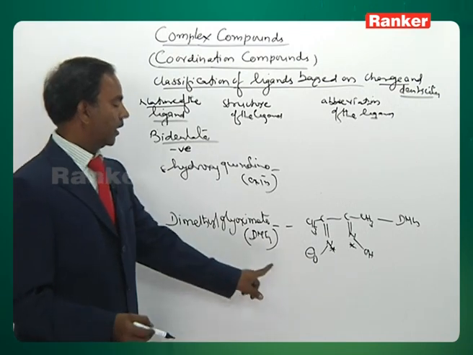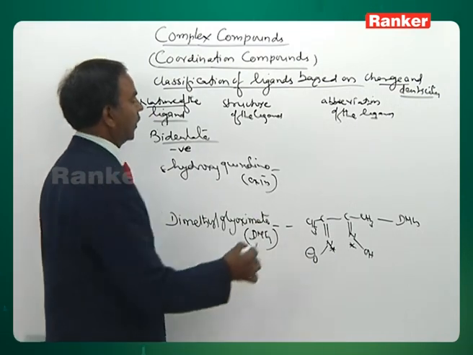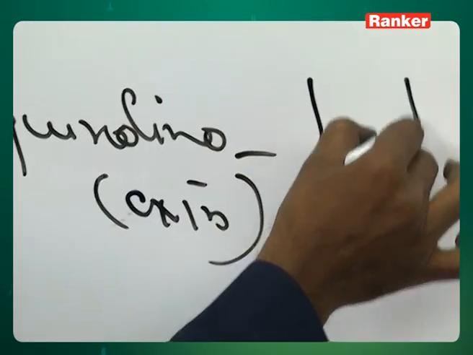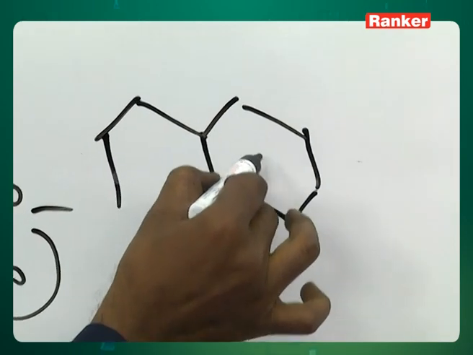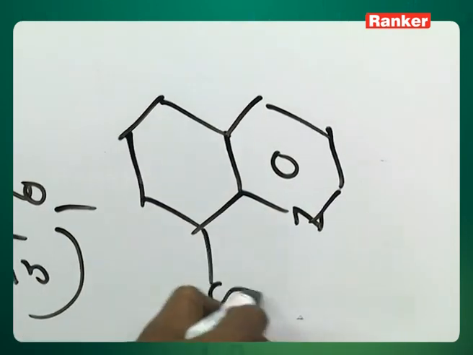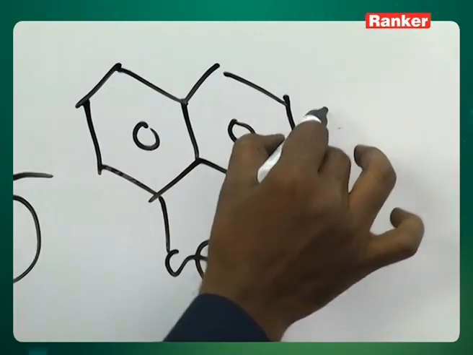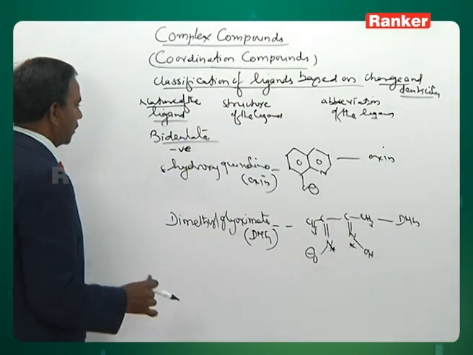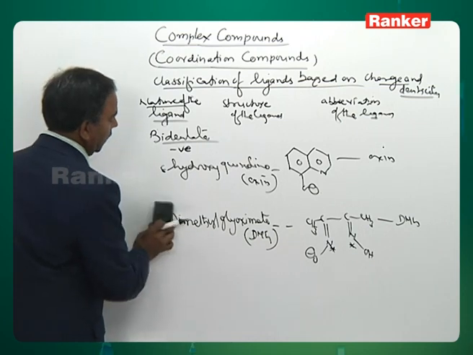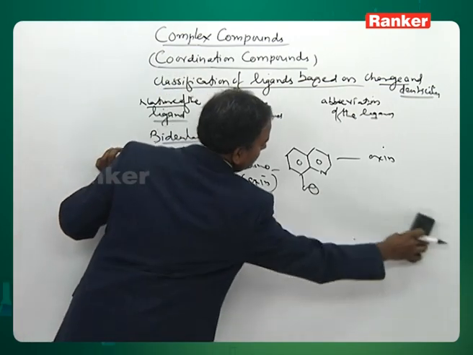DMG is carrying a single negative charge and oxygen is carrying a single negative charge. Like this, dimethyl glyoxymato and 8-hydroxyquinolinone are represented.